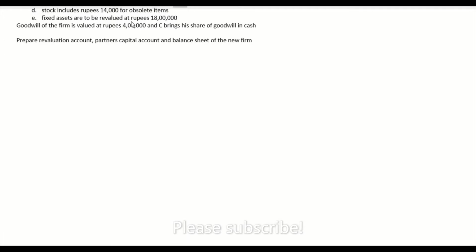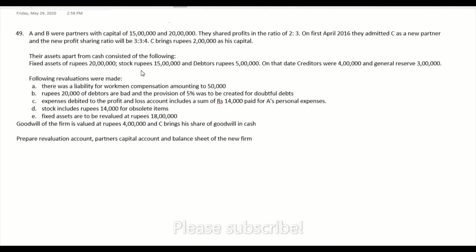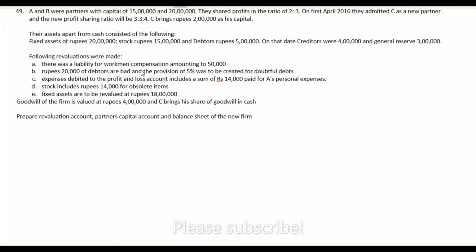First thing is we will have to make a picture of the balance sheet. Okay, so first A and B were partners. They had capital of 15 lakh and 20 lakhs. Now their profit sharing ratio is 2:3.